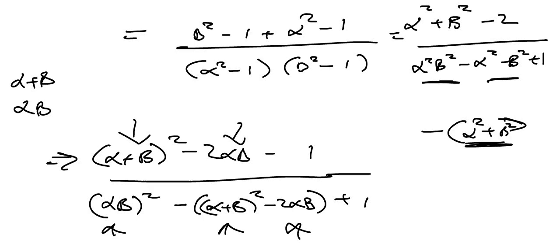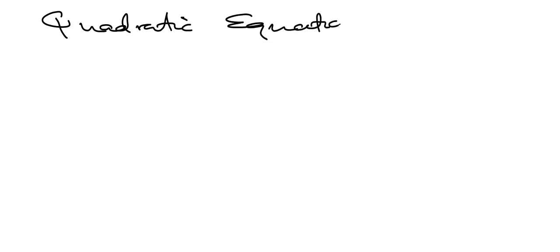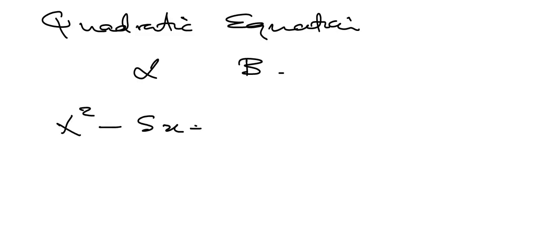The only interesting thing that can be done is that we can recreate the equation. So the quadratic equation, you can recreate it. If you know an equation has these two roots, alpha and beta, you can recreate it by saying x squared minus the sum of roots times x, plus the product.